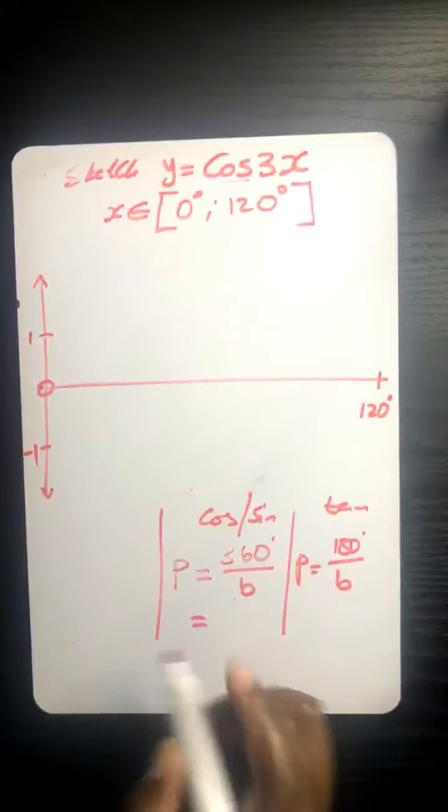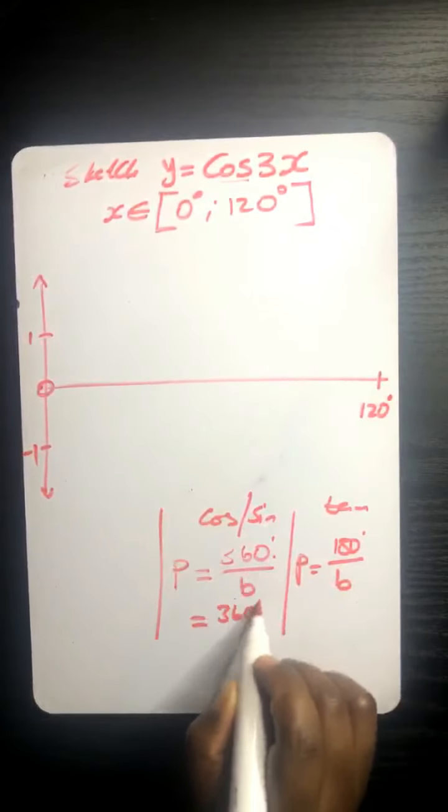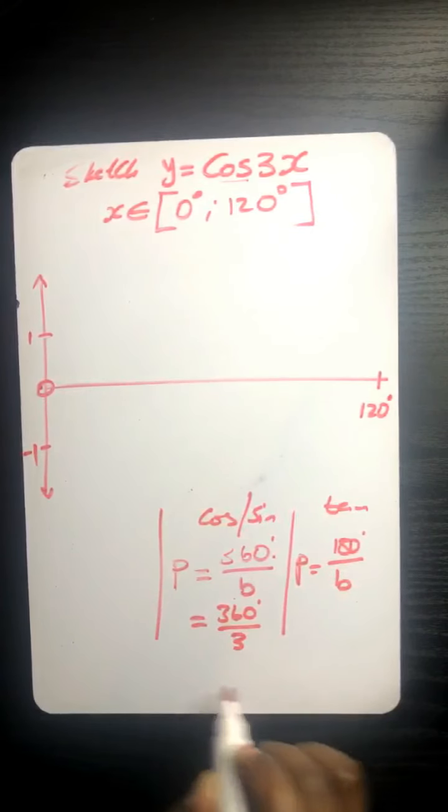So that means the period for that is going to be 360 degrees divided by what? By 3. What is that?